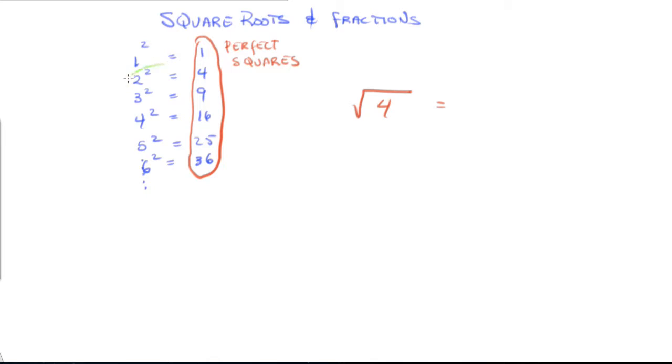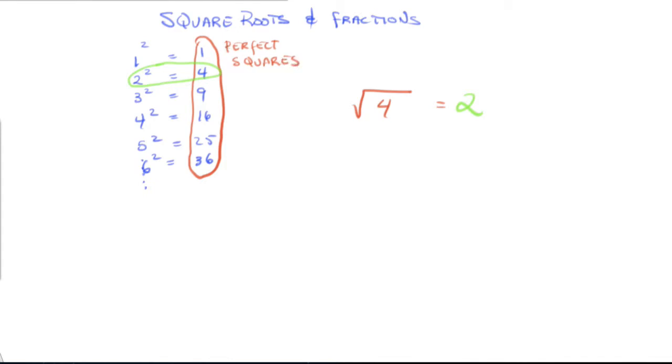If I look over here, 4 comes from multiplying 2 times itself, and therefore the square root of 4 is 2. The square root of 9 is 3, the square root of 16 is 4, the square root of 25 is 5, and the square root of 36 is 6. And this goes on forever. Perfect squares are easily square rooted.